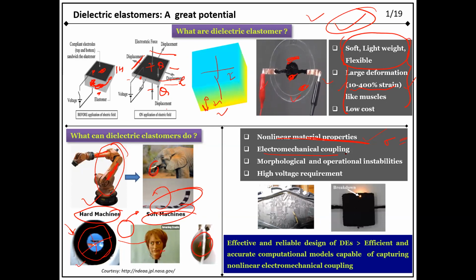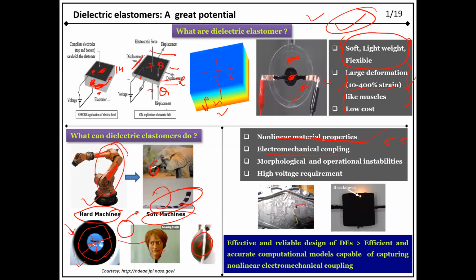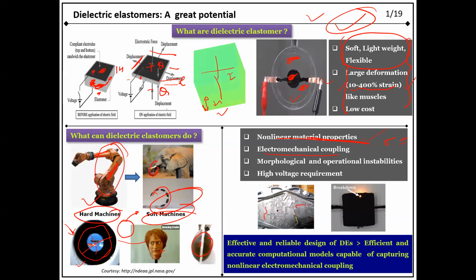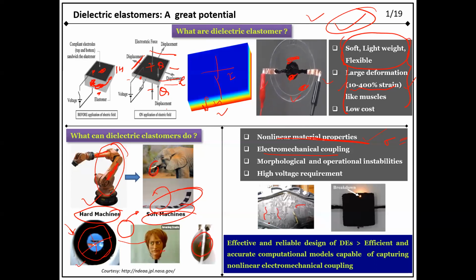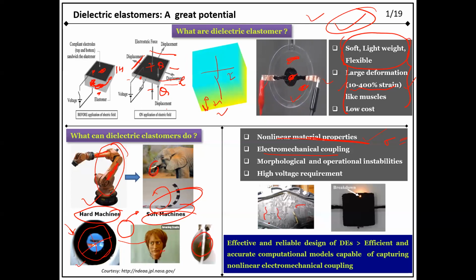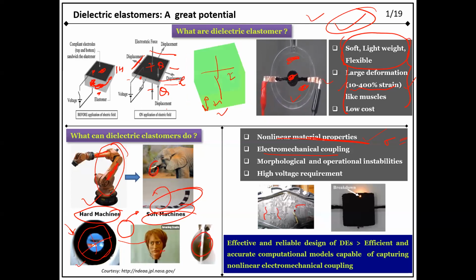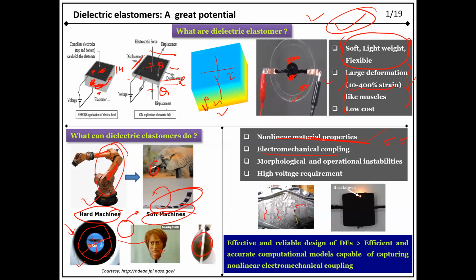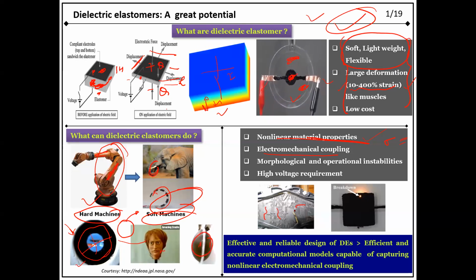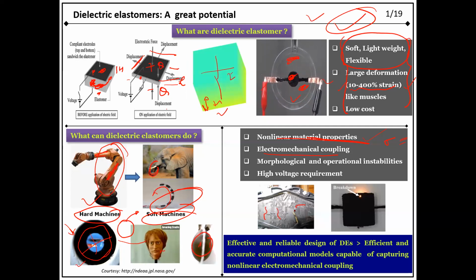Third, during their operations, such materials also exhibit failure by wrinkling. So you can observe such kind of deformations or wrinkling phenomena in such materials. Another limitation is that it can also fail by dielectric breakdown.